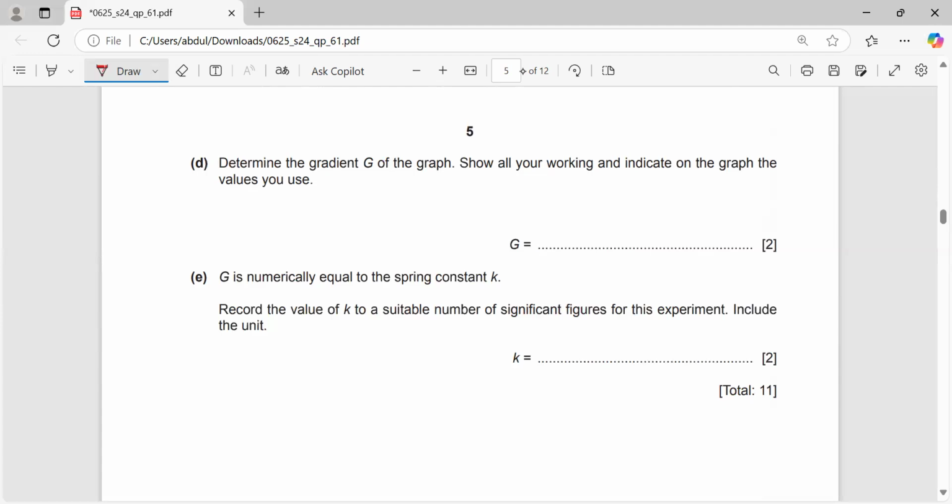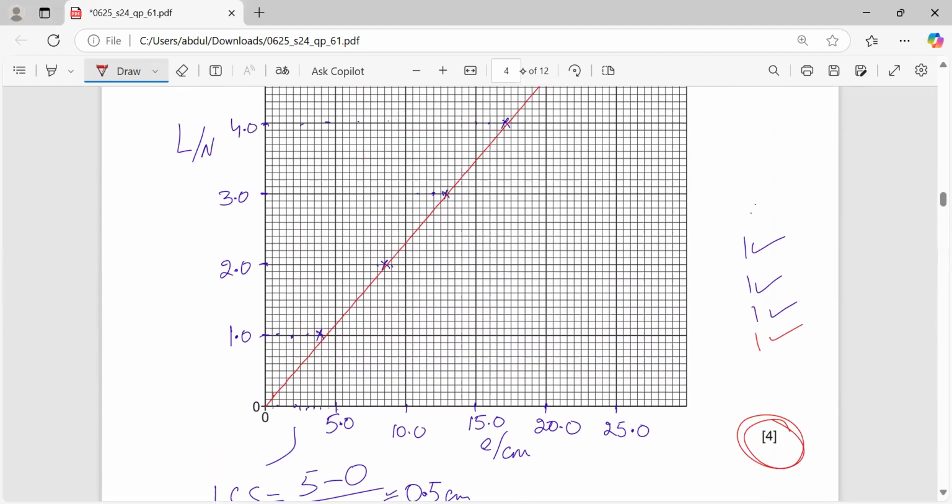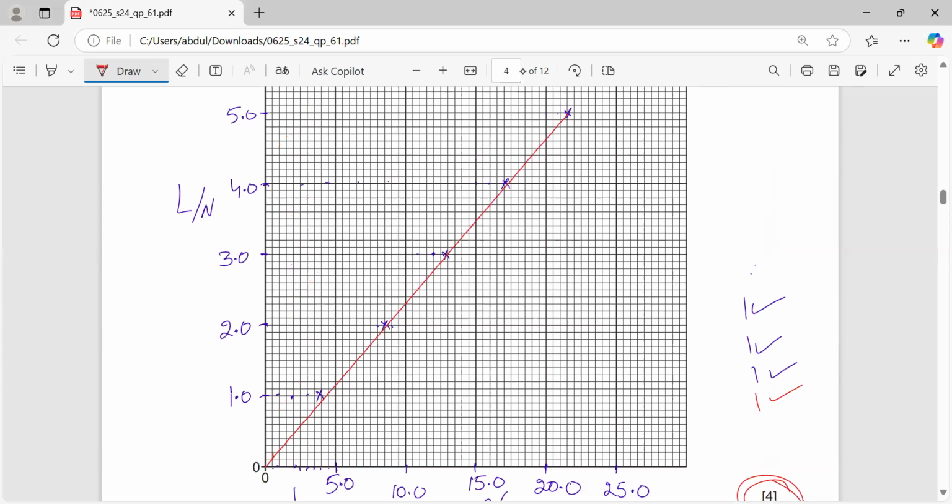Triangle method seen. If you open the mark scheme, there is no answer, but it will be written triangle method seen, and you have to use the triangle very precisely, as large as possible a triangle as you can, and show it clearly to the examiner by plotting dotted lines like this, and the largest possible triangle.